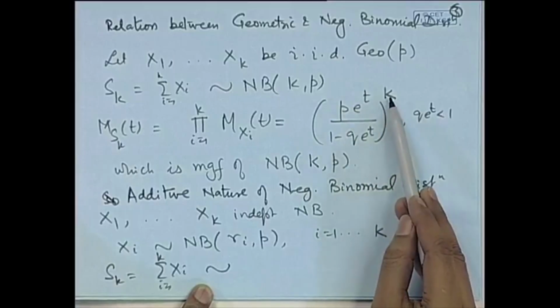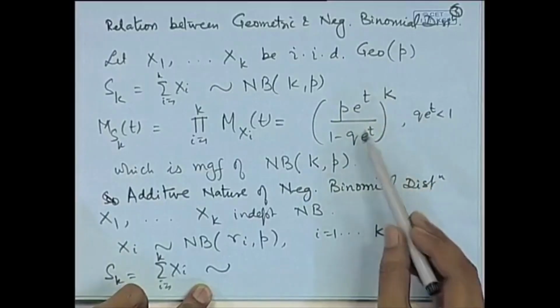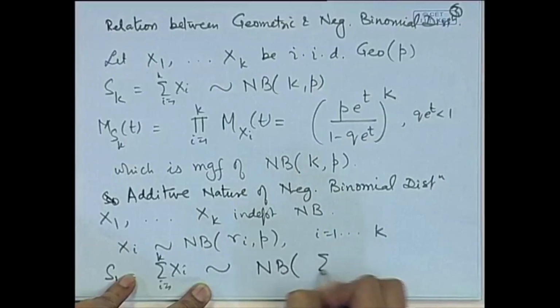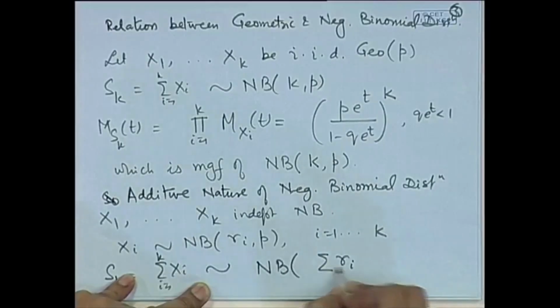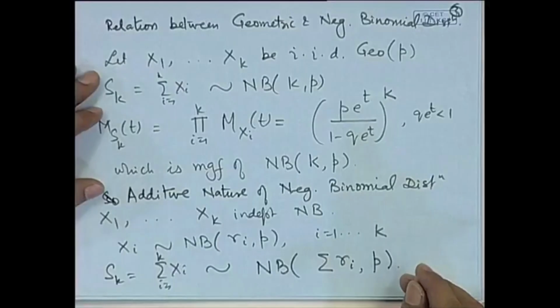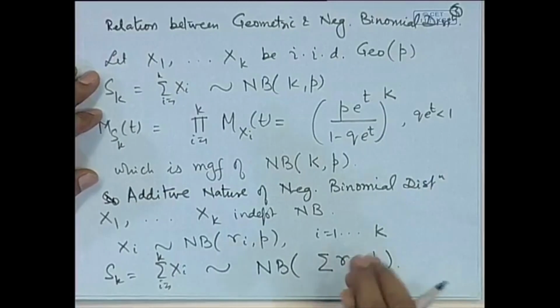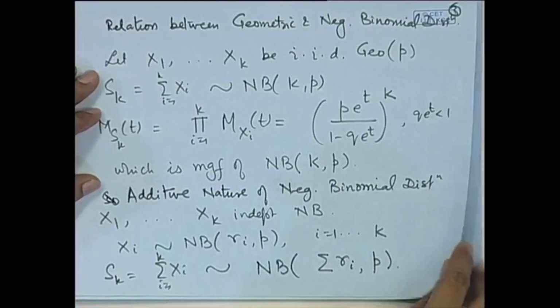So, the exponent will become the sum of ri, which will prove that the sum will follow a negative binomial distribution with parameters sum of ri and p. So, if the probability of success is constant, negative binomial distribution also follows an additive property.